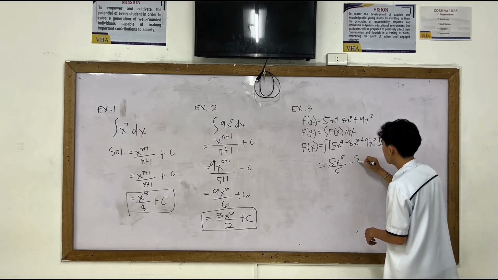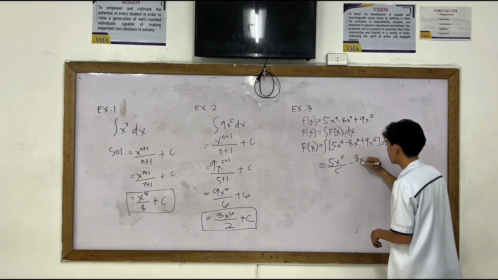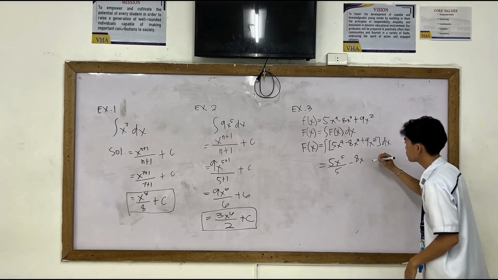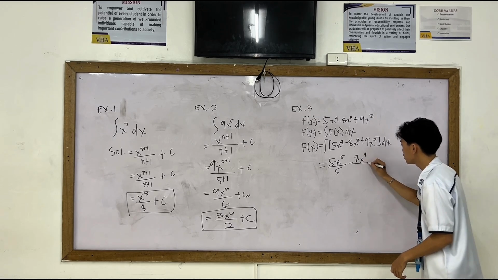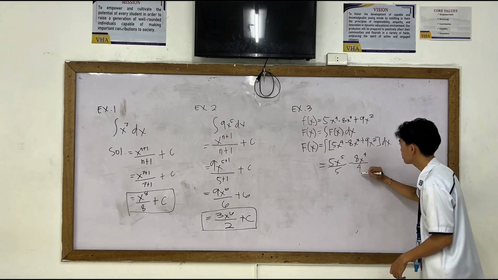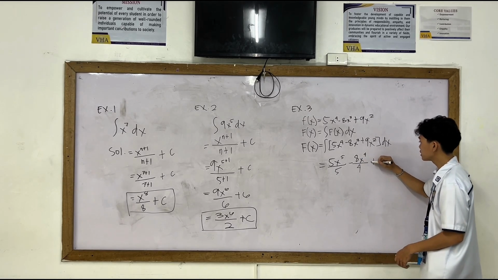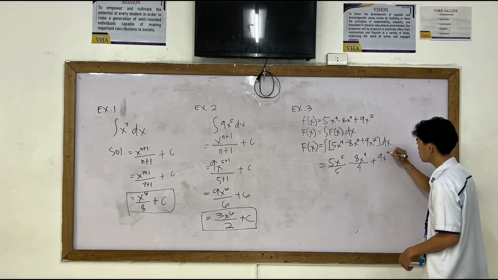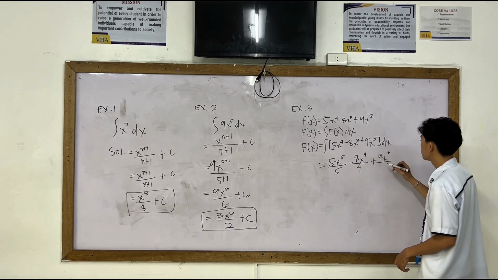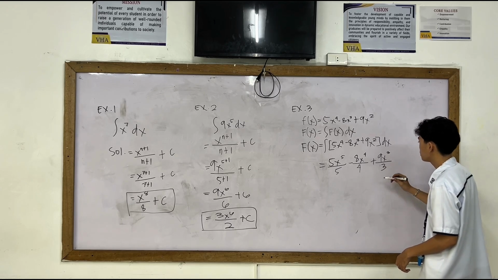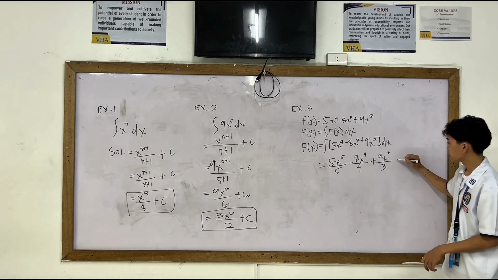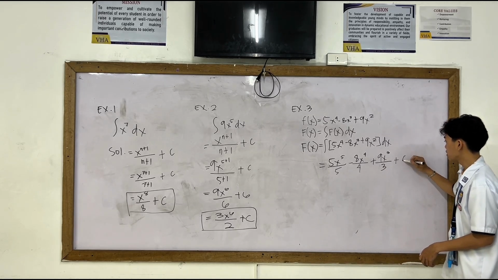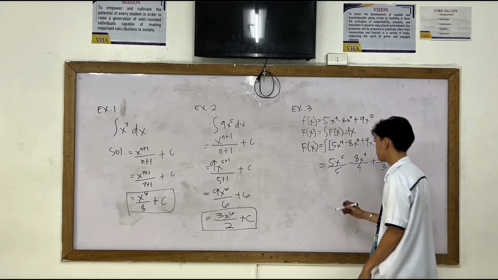Minus 8x, and then 3 plus 1 is equal to 4, same also in the denominator, plus 9x, 2 plus 1 is equal to 3, and also 3 here in the denominator. And let us not forget the constant of integration.